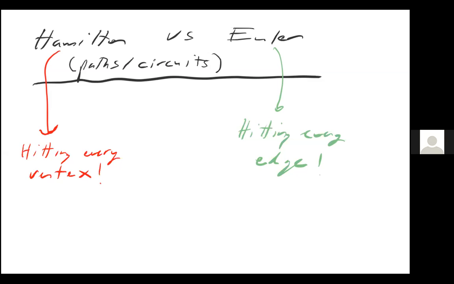A Hamilton circuit hits every vertex once and only once, except that it starts and ends at the same vertex. So obviously it's going to hit that vertex twice, but every other vertex it'll hit only once. And an Euler circuit hits every edge once and only once and starts and ends at the same vertex. So there are some similarities, but one is talking about vertices and one is talking about edges. All right.